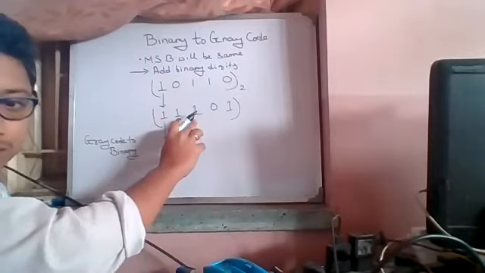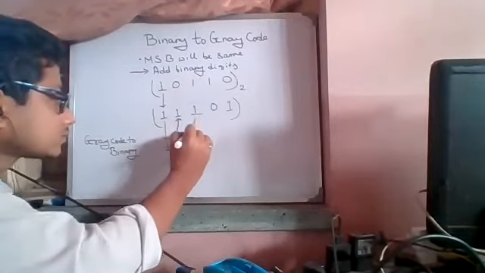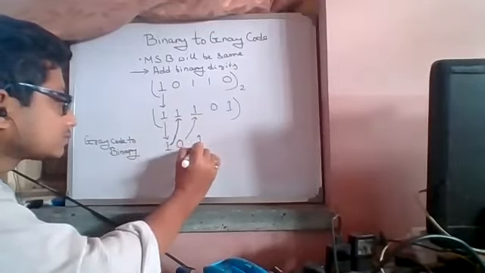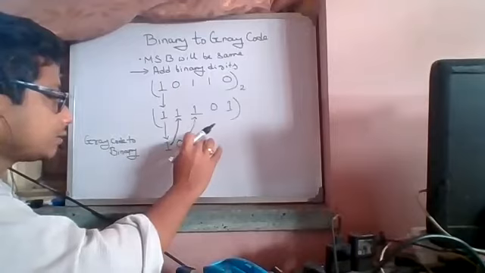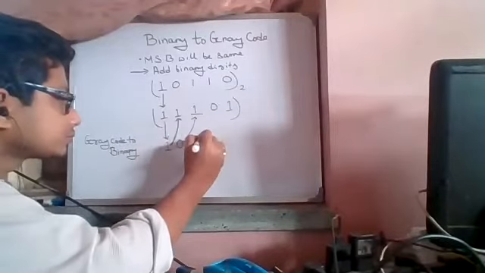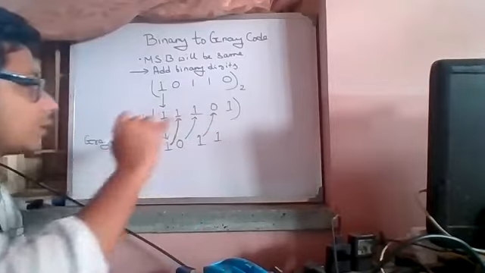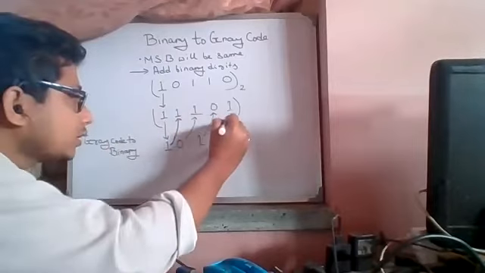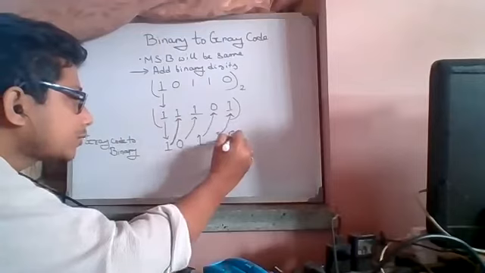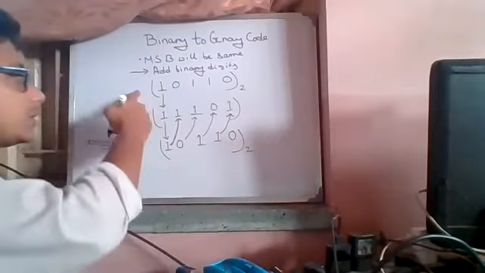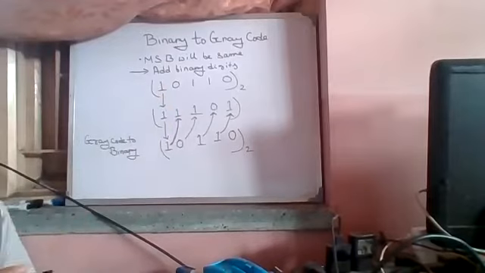So 0 1 will become 1. Then this one and this 0, so 1 and 0 will become 1. And finally this one and this one, so 1 1 will become 0. And you see, to check it, we started from here and we got it back.